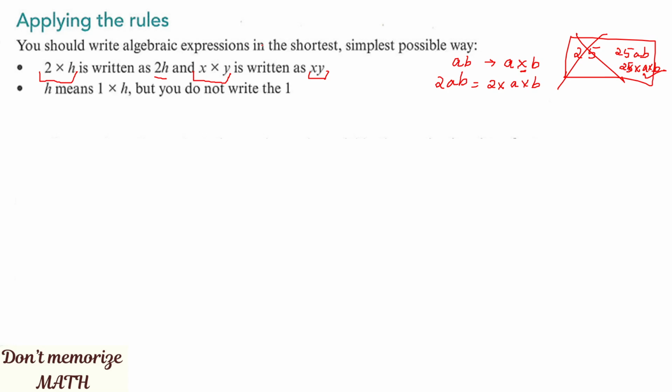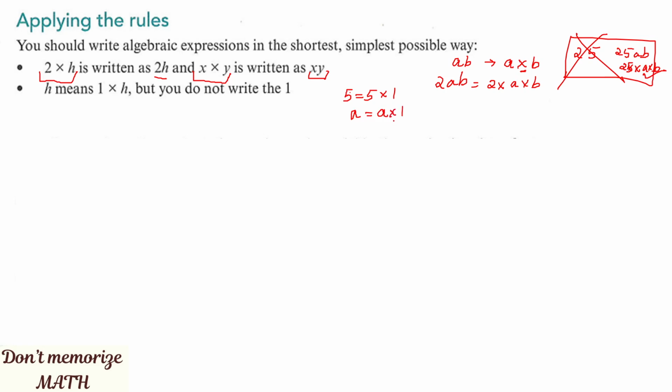Second rule, a means 1 times a, but you do not write the 1. We know that 5 is the same as 5 times 1. In algebra also it is the same thing. If you have a, it is the same as a times 1.